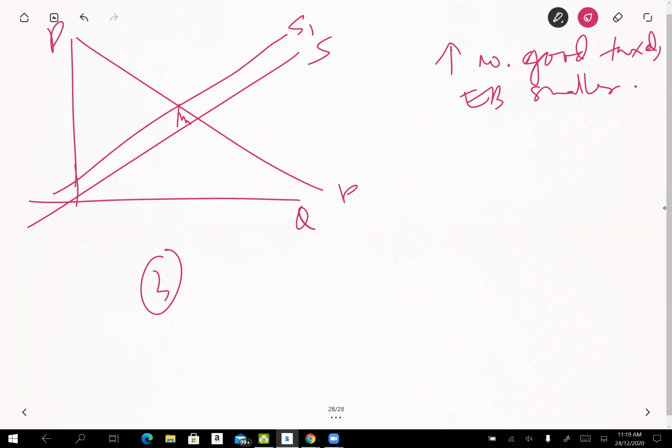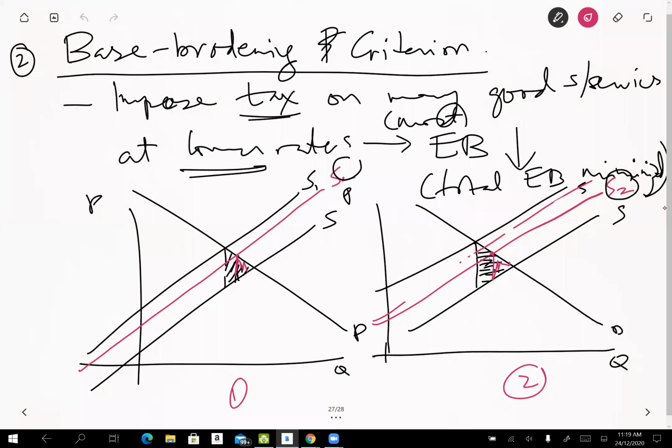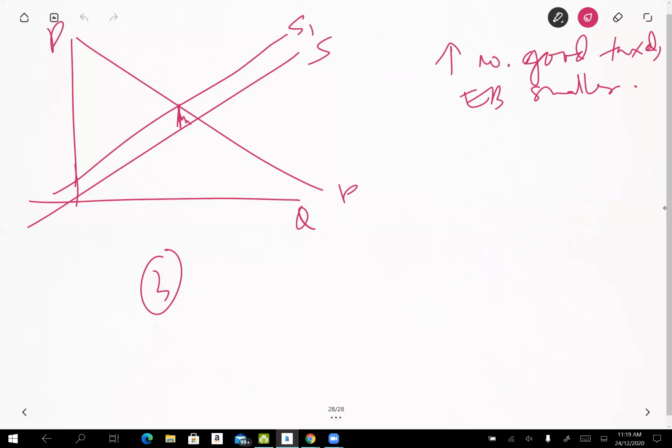So for example, if I tax only 2 goods at the initial tax level, the excess burden will be the black area, and under the broadening base principle, I tax a third good, and small.